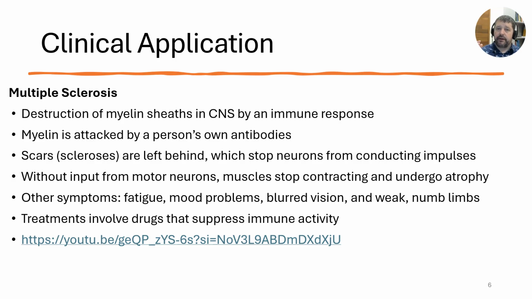Then the impulse never triggers neurotransmitters to be released. You don't have any calcium gates, you don't have any sodium potassium channels opening up, and you don't have the muscle contracting.